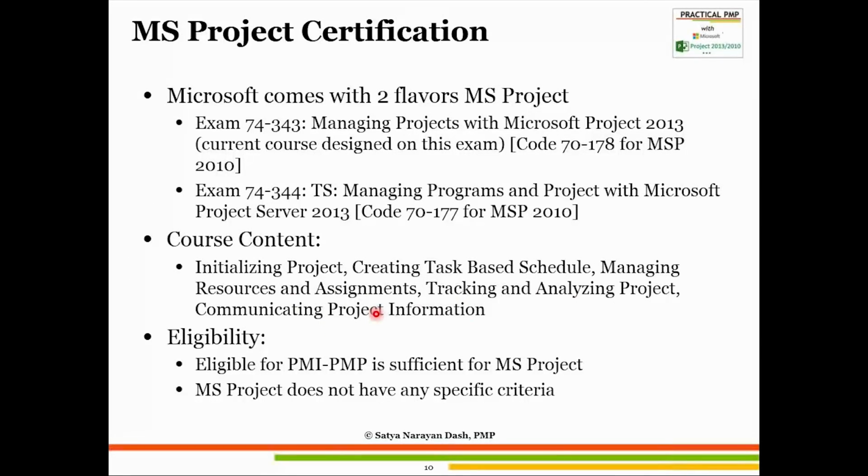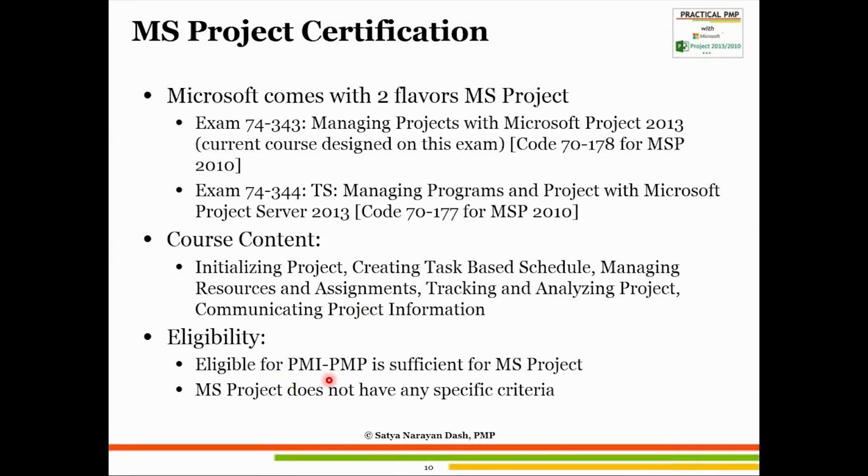Now the eligibility part. If you are eligible for PMI PMP certification, I assume you might be a diploma holder or a degree holder. That means you need to have 4,500 hours or 3 years of project management experience, or 7,500 hours or 5 years of project management experience. If you have that experience, you are automatically eligible for Microsoft Project certification.